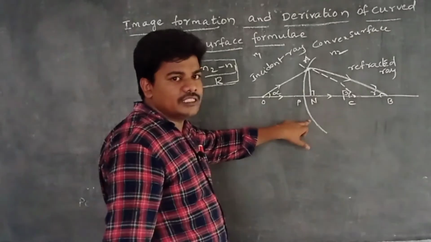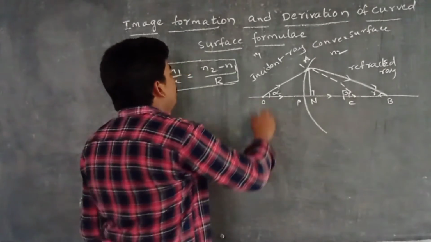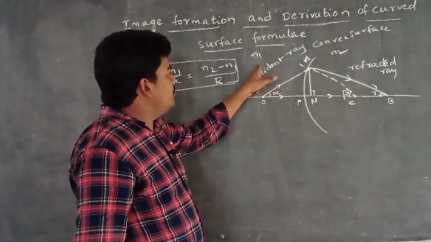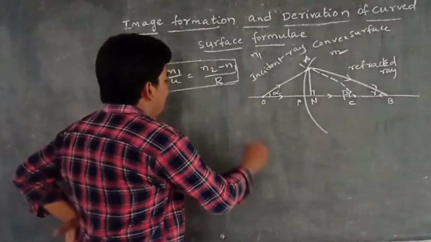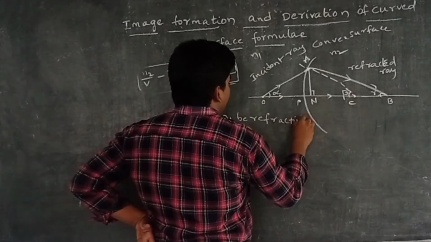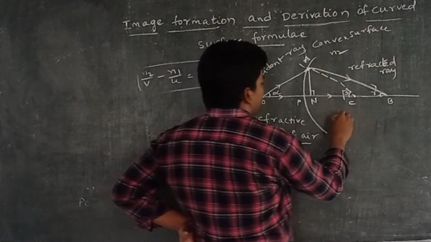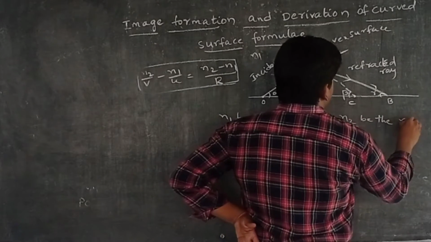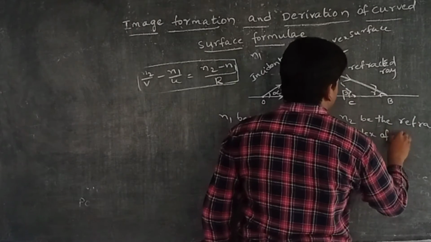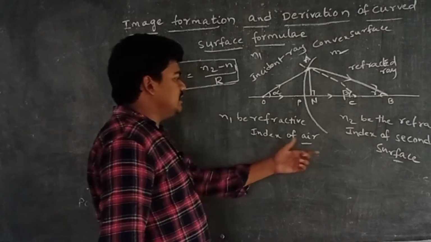N1 is the refractive index of air, and N2 is the refractive index of the second surface.